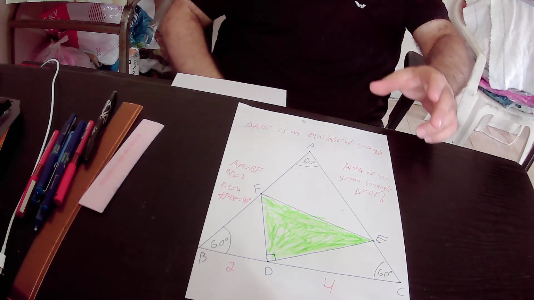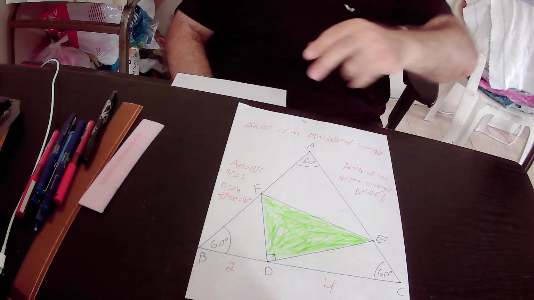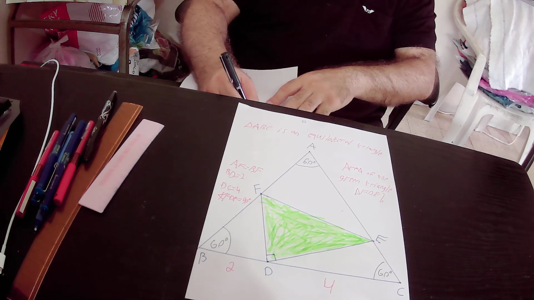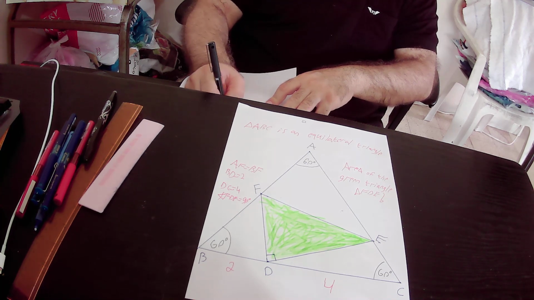That is to say, AB equals BC equals AC. Okay?